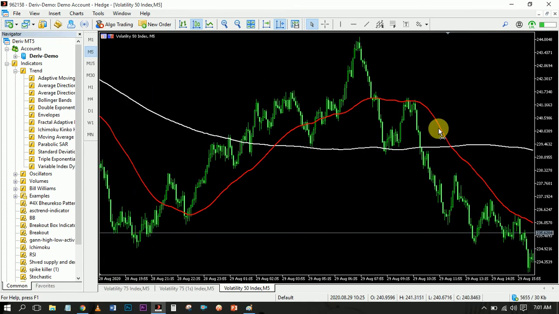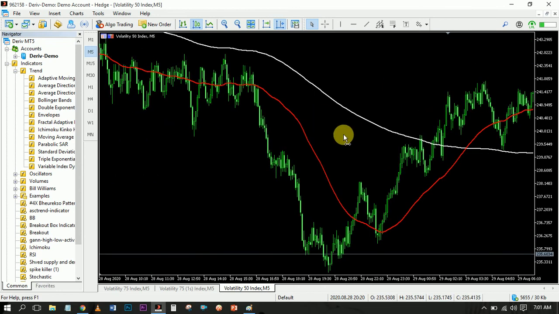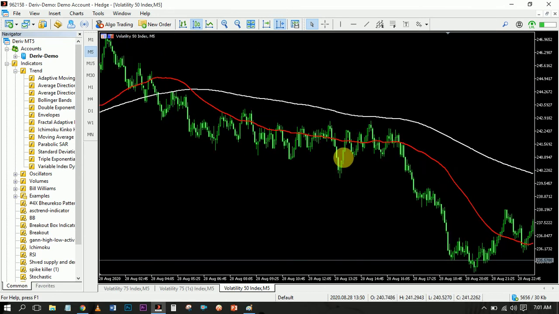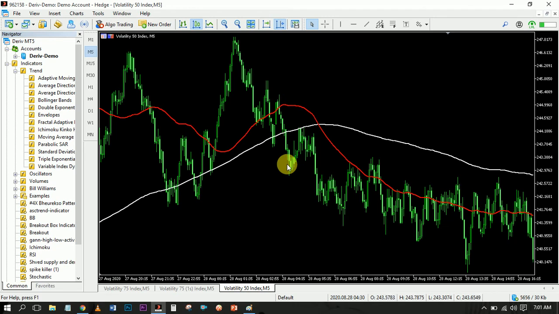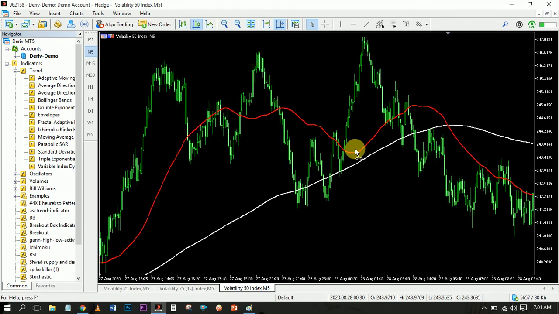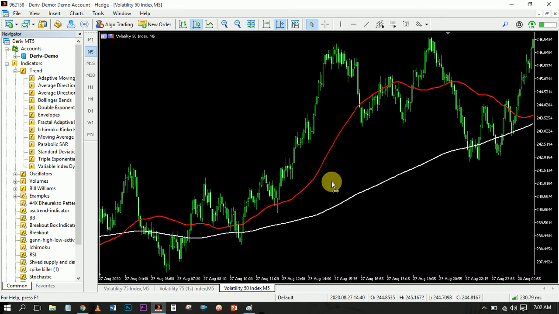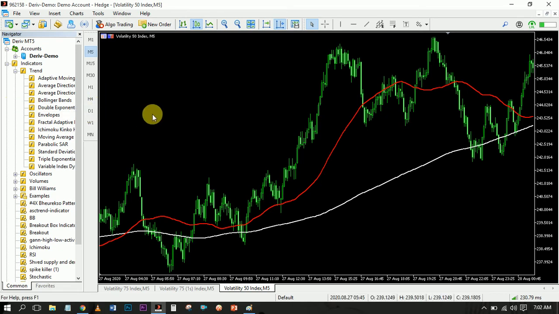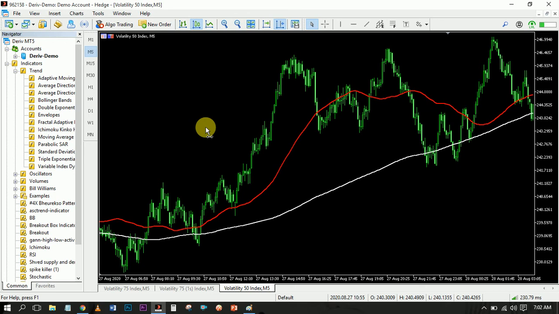So now, how can you ascertain that this is going to play out for you? Now I usually like to make use of an indicator that shows me an overbought and an oversold condition.